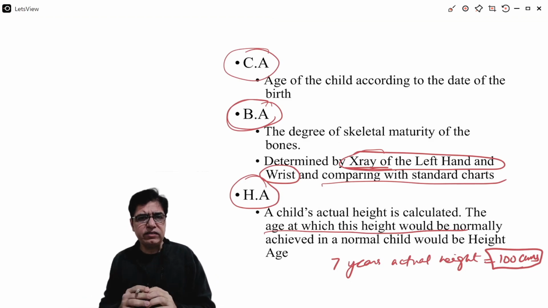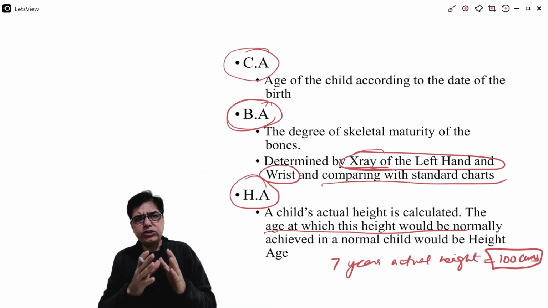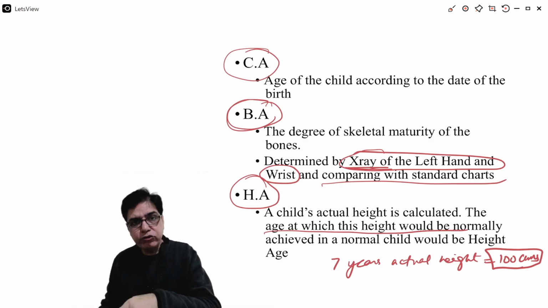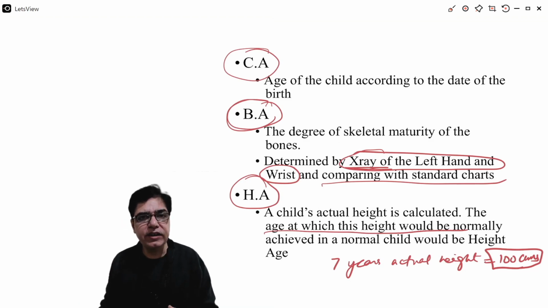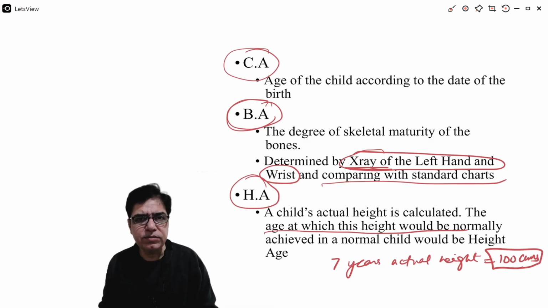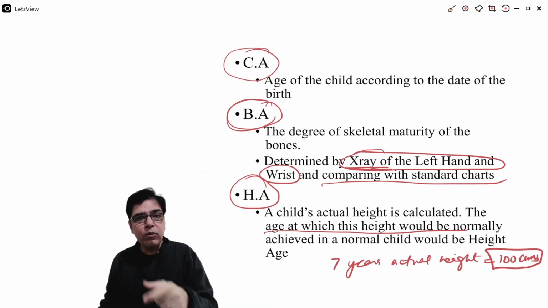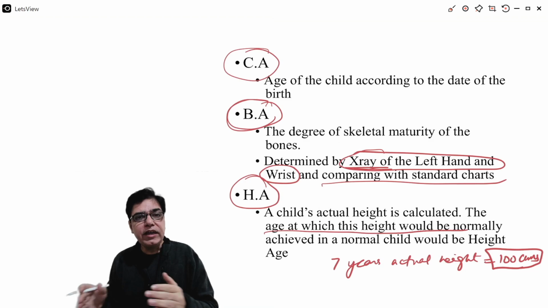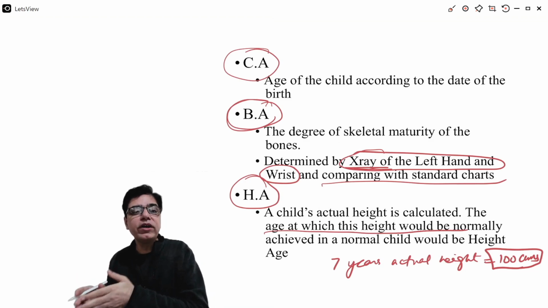Now, the question is, at what age, if a child is normal, would he actually attain 100 centimeters in height? So if you look at the standard charts, a child who is around 4 years of age would attain the height of 100 centimeters. So a normal child would attain this height, that is 100 centimeters, which we have calculated as the actual height of the 7-year-old, at 4 years of age.